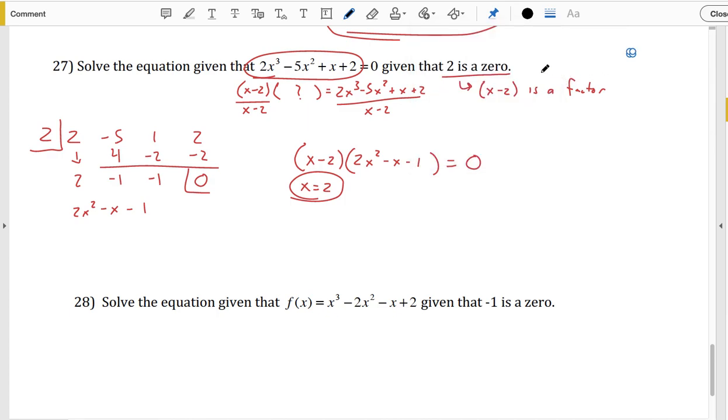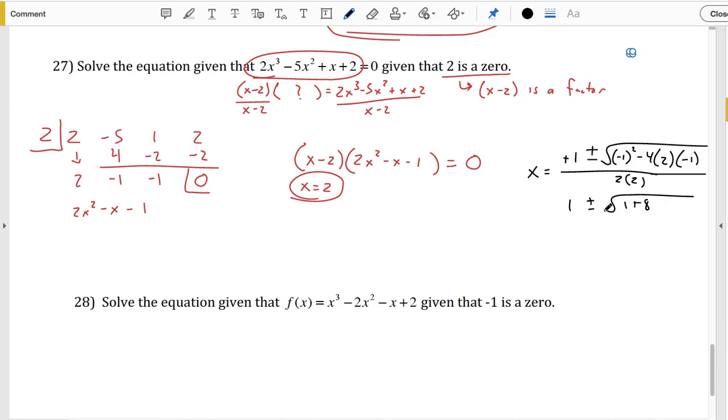So for our quadratic formula, we've got x is equal to negative b, so that's negative 1, so positive 1, plus or minus the square root of b squared, that's negative 1 squared, minus 4 times 2 times negative 1, all over 2 times 2. So I've got 1 plus or minus the square root, that's going to be 1 plus 8, which is 9, that's convenient, all over 4.